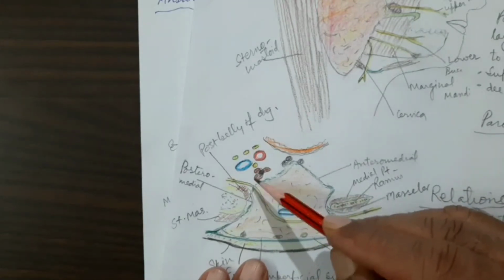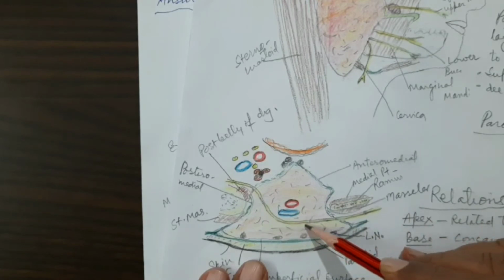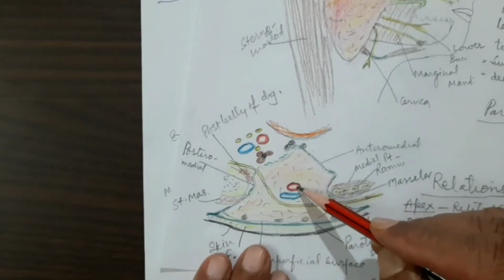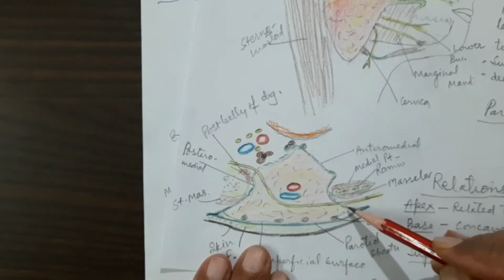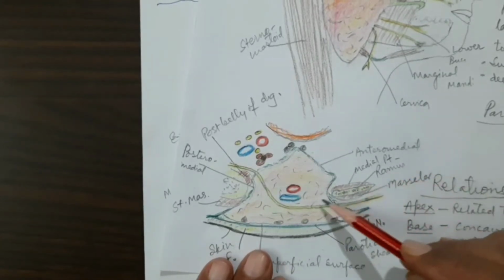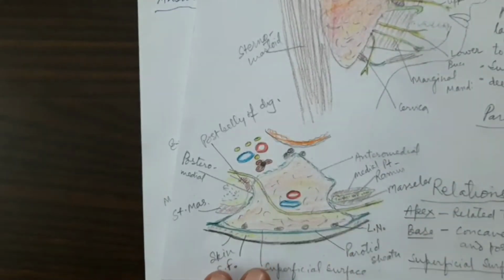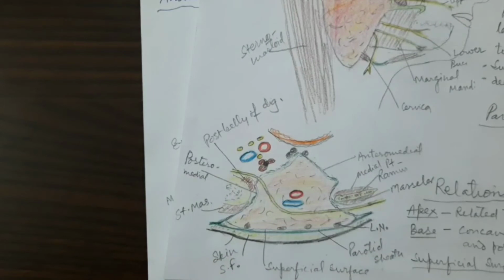Then it pierces the posteromedial surface of the gland and runs in the substance of the gland superficial to these two structures, the external carotid artery and the retromandibular vein, and it comes out close to the anterior margin, already divided into the various branches within the substance of the parotid gland. So the facial nerve emerges out at this surface and enters the parotid gland.